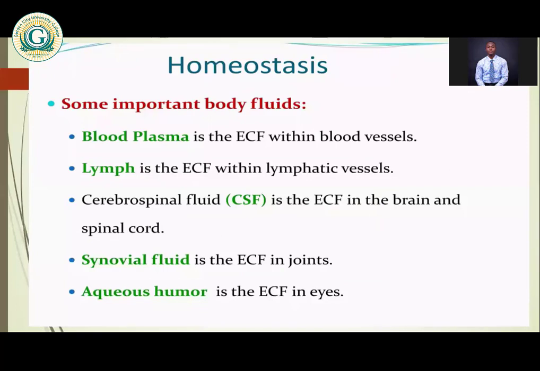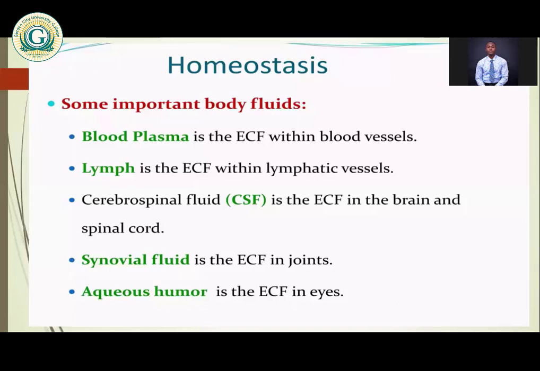The first one is blood plasma. Blood plasma is the fluid part of the blood. Whole blood is made of the fluid part and blood cells, like red blood cells, white blood cells, and cell fragments, which are platelets.